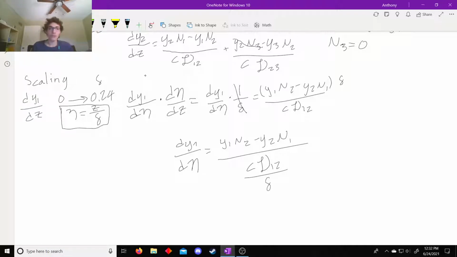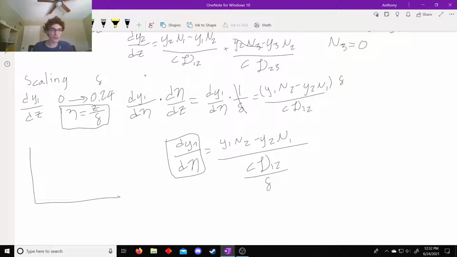Okay, so now what we want to do is plug in our order of magnitudes for each variable. And we're going to start by making an estimate on what this right here is.